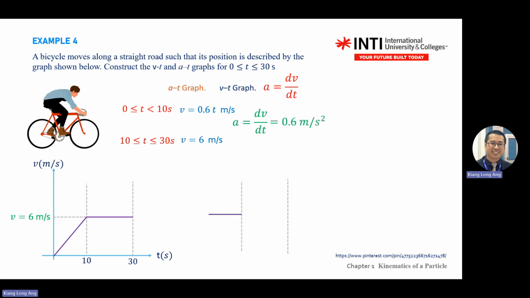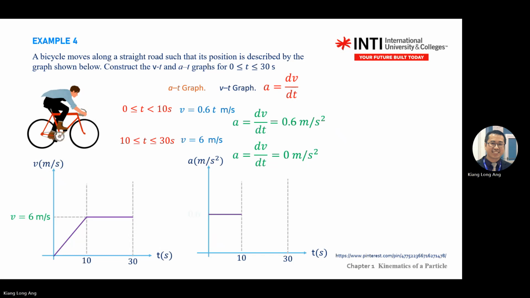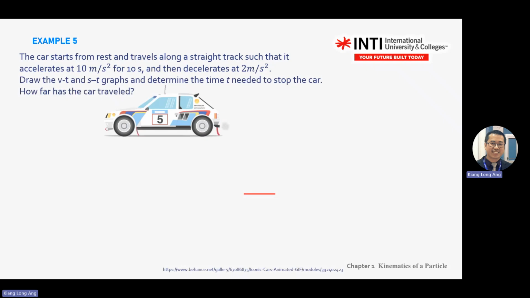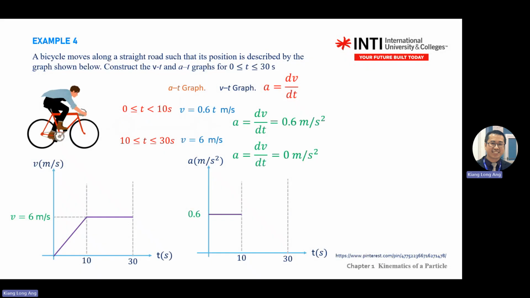You repeat the same, 2 slots, you find the equation, then you plot. For example, the first one, a equal to a constant number, which is a straight line. Then the second one, you get 0. 0 means here. You draw a line here. If your answer is on the axis, please draw the line on the axis. Okay, so this is the expected answer for example number 4.